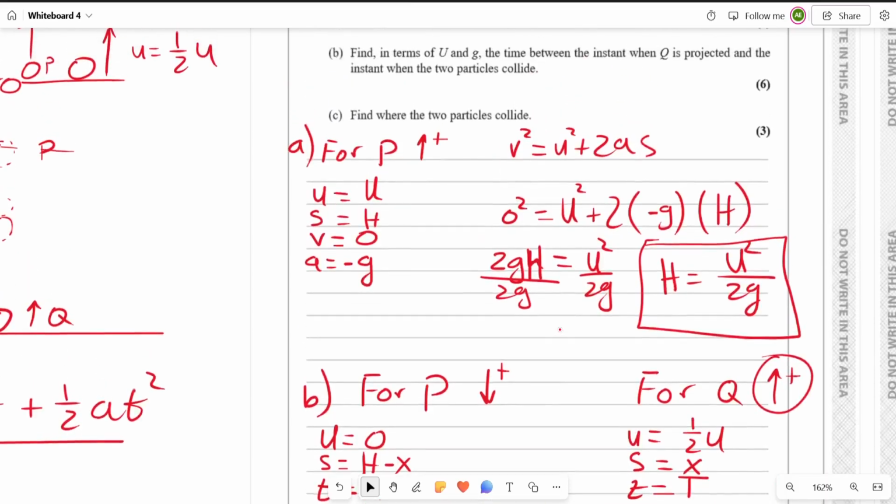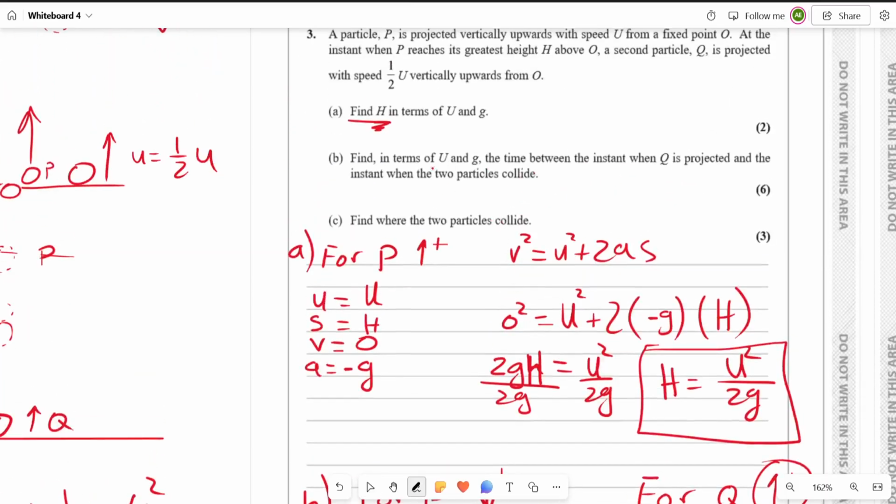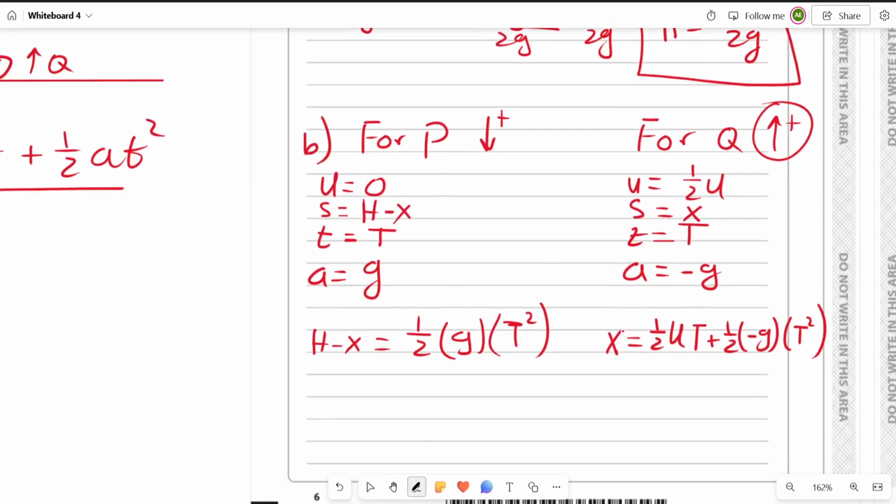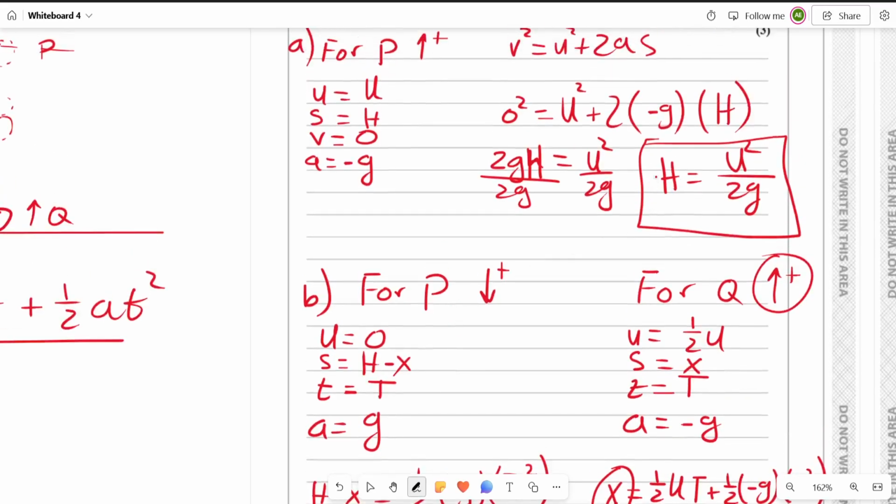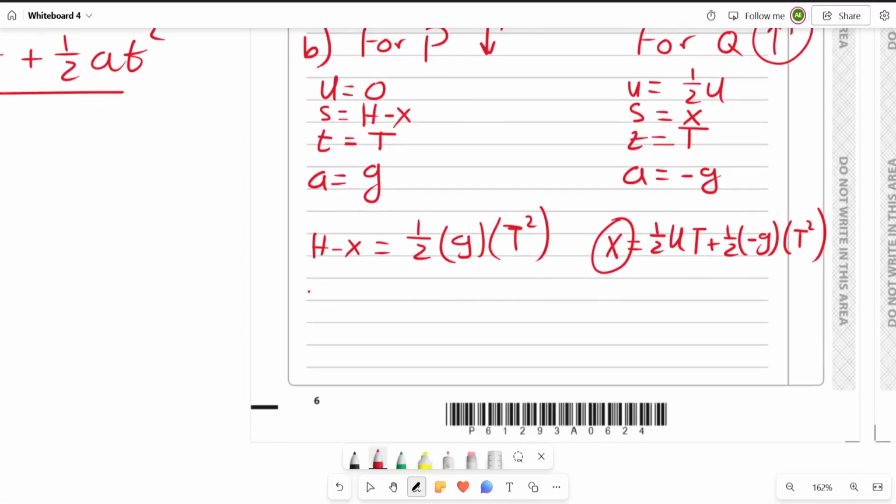Here, I want to find the time in terms of u and g, so I would love to eliminate x and h. For h, there is no problem, because we already found h in terms of u and g. So h is u squared over 2g. Minus, I want to eliminate x. Why don't I substitute the x expression from the second equation into this x?